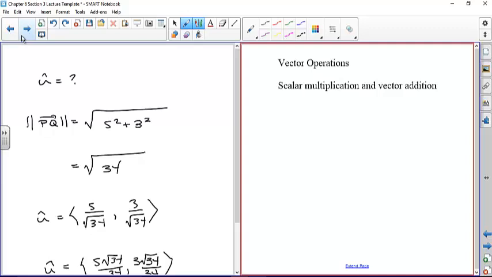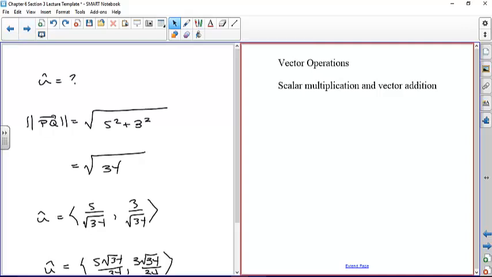Now there are other things we want to be able to do with vectors. One is scalar multiplication of a vector, and to add or subtract two vectors. It turns out that subtraction is adding the additive inverse, so we do the same thing with respect to vectors.